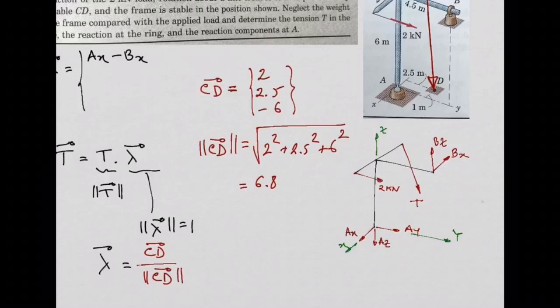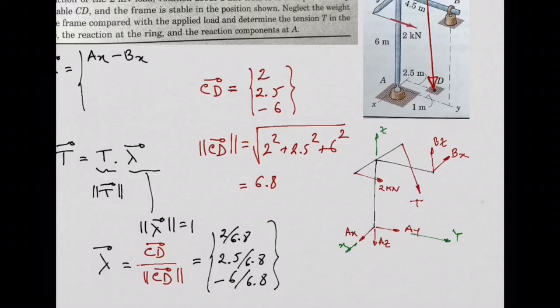So when I divide the vector by its norm, I'm basically normalizing the vector, or making the norm of the vector equal to 1. Okay? So it means I need to divide all the components of my CD vector by 6.8. So I will have here 2 over 6.8, 2.5 over 6.8, minus 6 over 6.8.